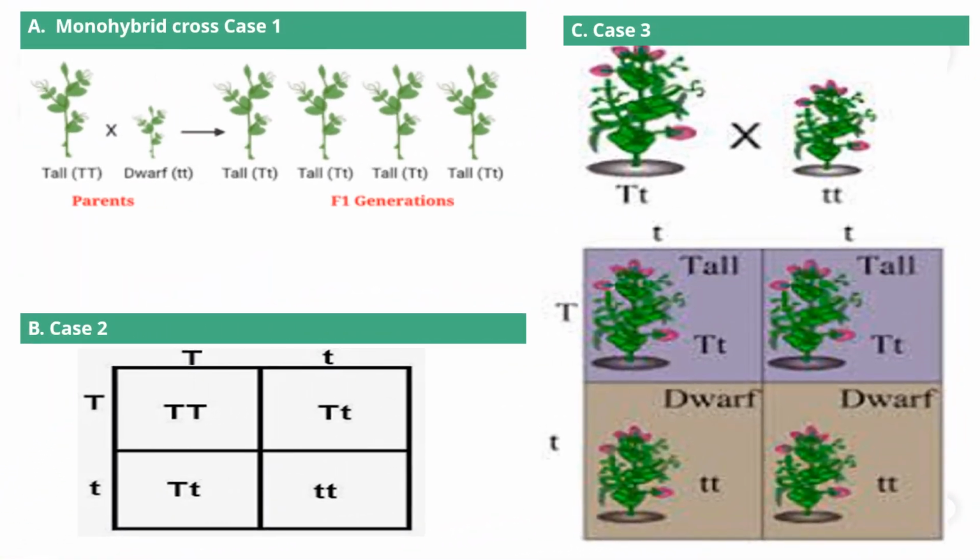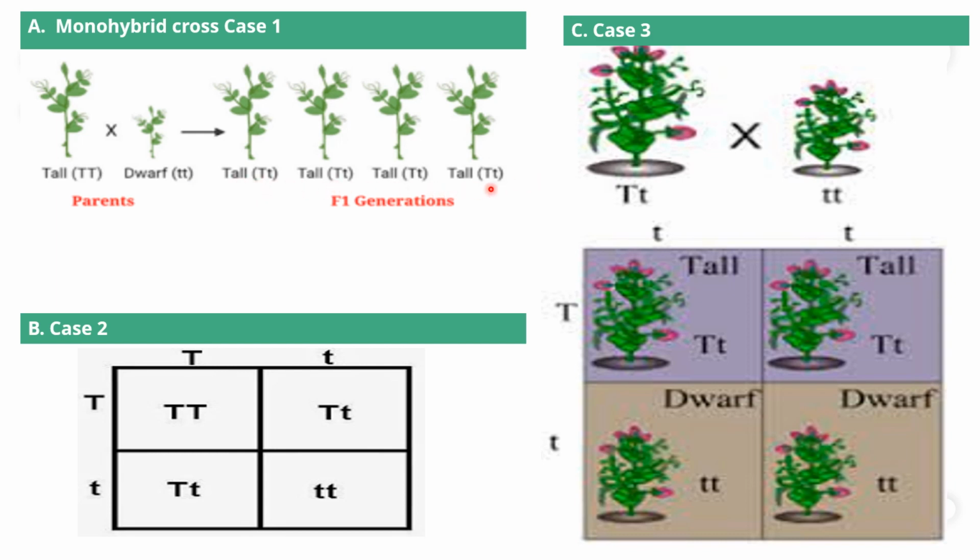Here I am showing different types of parents and their F1 generation. The first case, that is monohybrid cross, case 1: tall plant crossed with dwarf plant. Then in the F1 generation, all the plants will be tall, heterozygous tall.